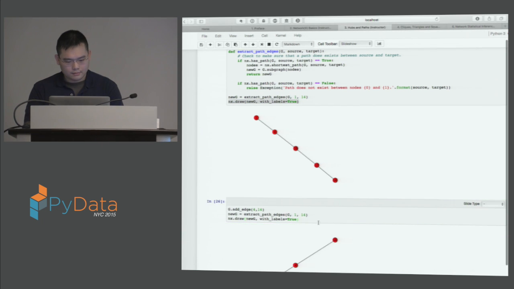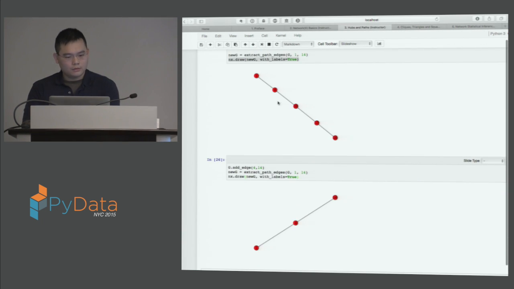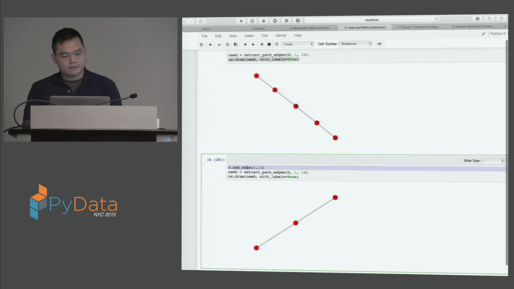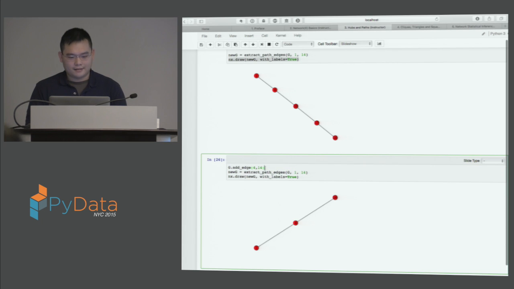Note the old one at the top, which didn't have that shortcut between 4 and 14. Note the new one in which I added a shortcut between 4 and 14. What's returned now is just 1, 4, 14 without all of the stuff in the middle. All good? All right.